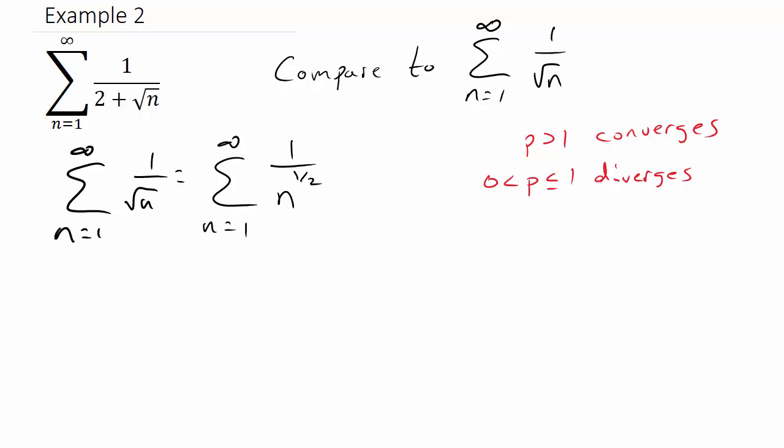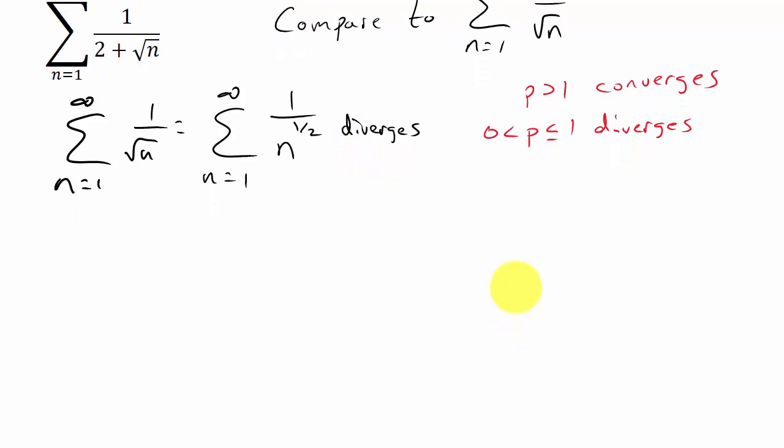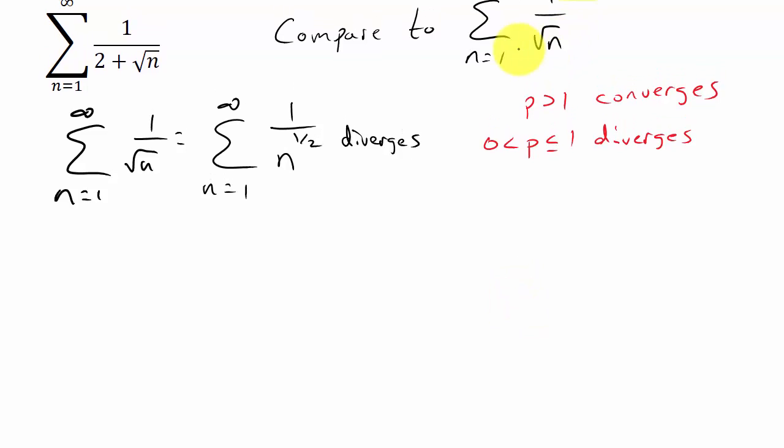So we can see here that this is p, your exponent. You can go and review your p-series if you need to. So p is 1/2, which falls into this category, so that means this diverges.